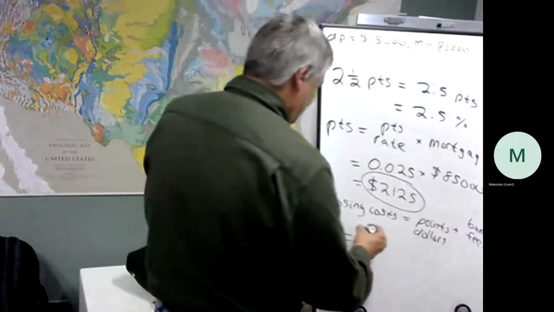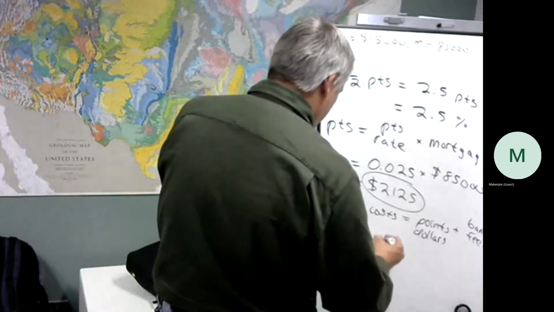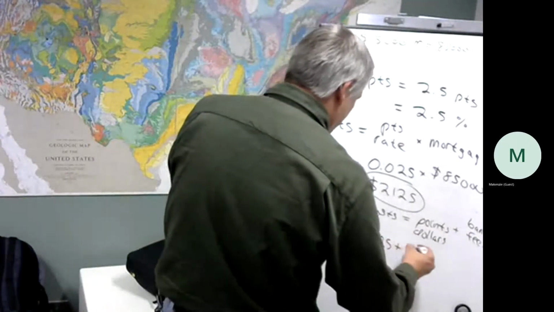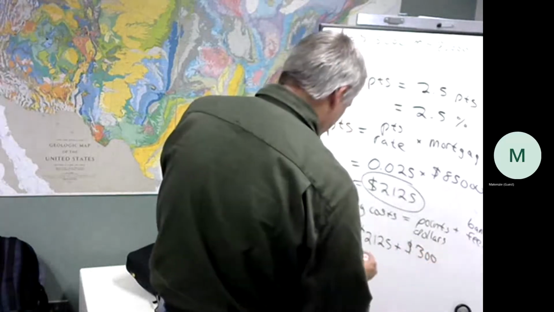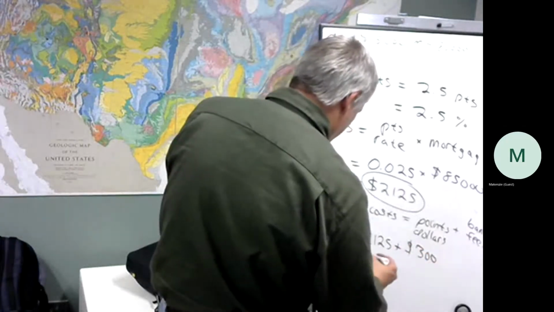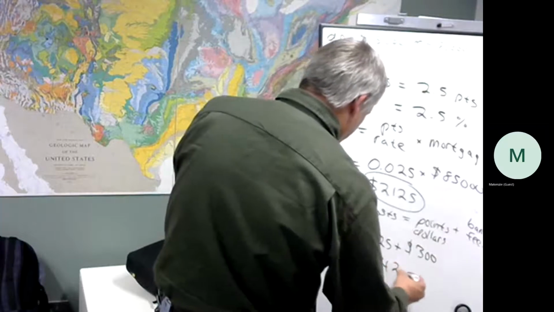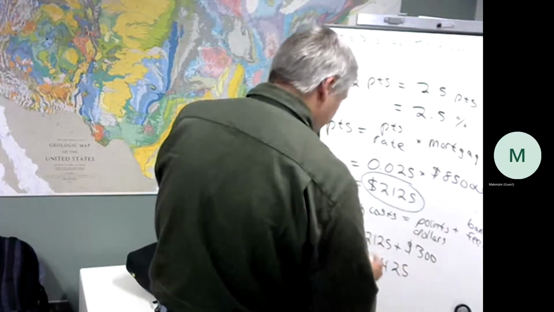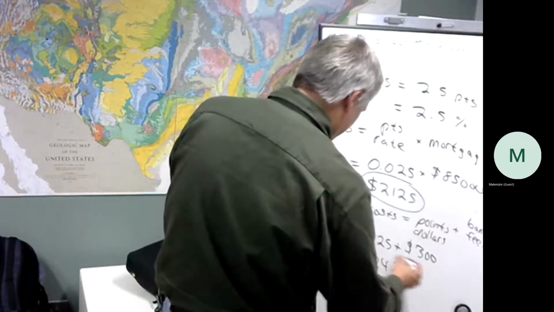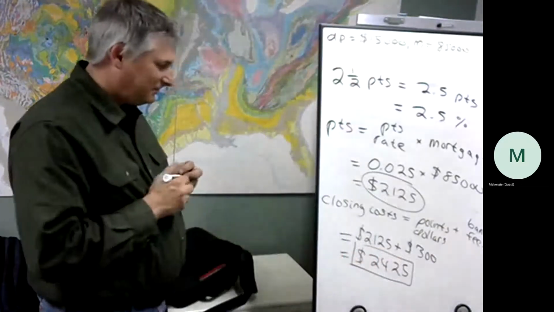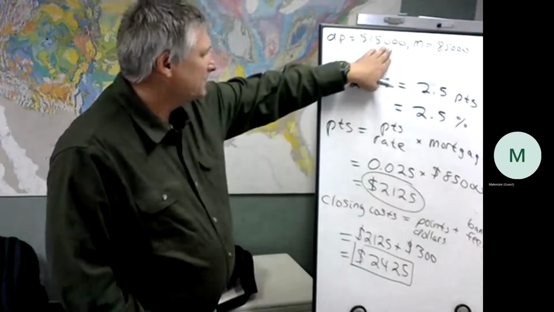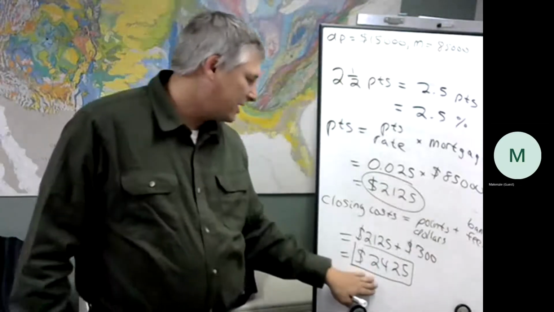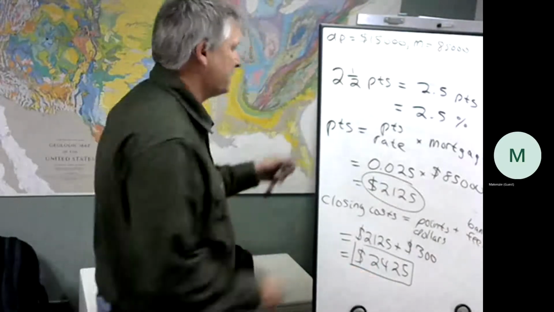So we'll take the 2,125 plus the 300 for the bank fee. And so the closing cost will be 2,425. So that's our closing cost. So the down payment's 15,000. The closing costs are 2,425.